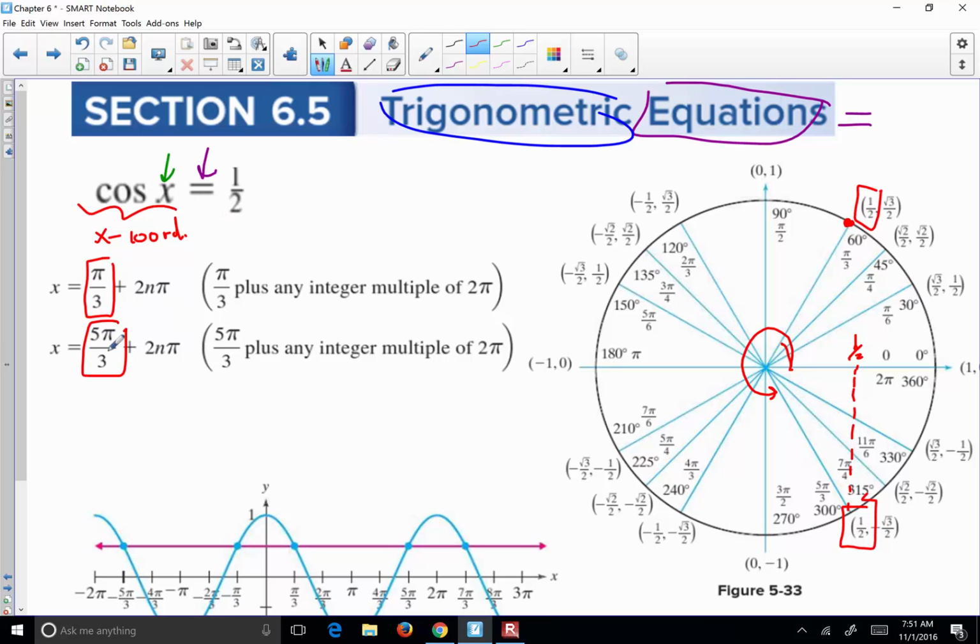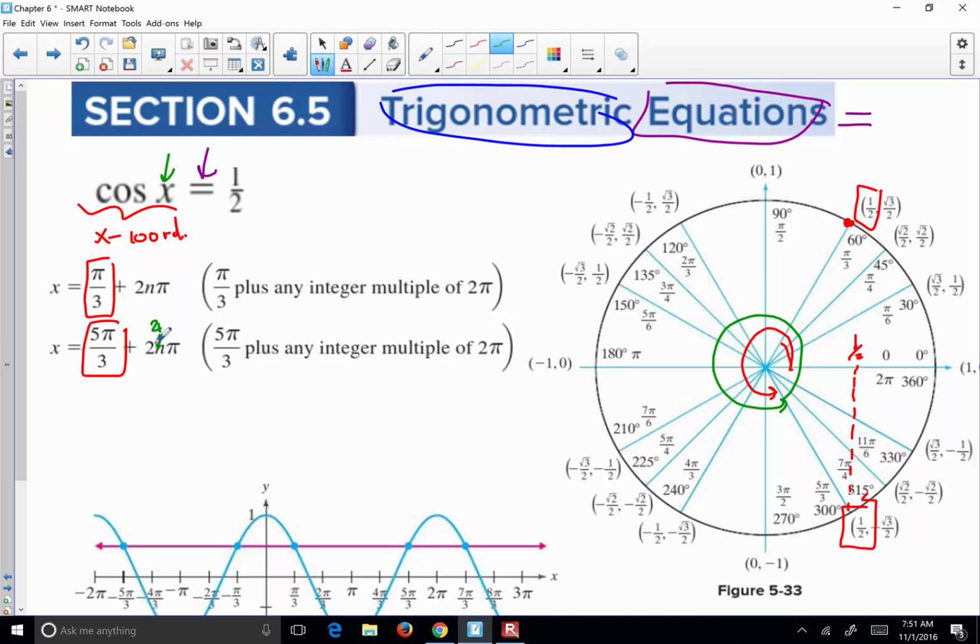So do we have only two angles satisfying 1 over 2 once entered into cosine? The answer is no. What if I add another 2 pi to this angle? I make one more full cycle after this and I arrive at the same point whose cosine is 1 over 2 again.